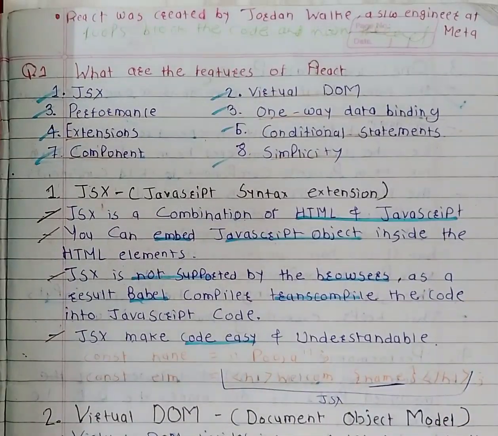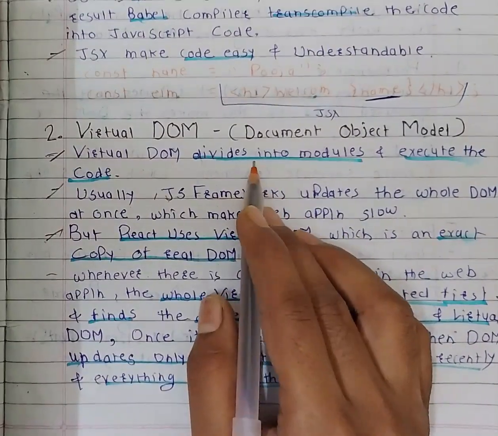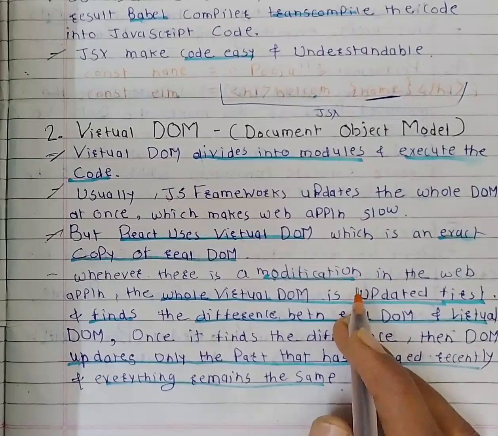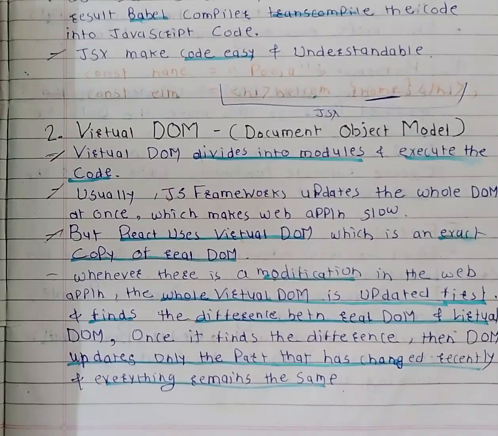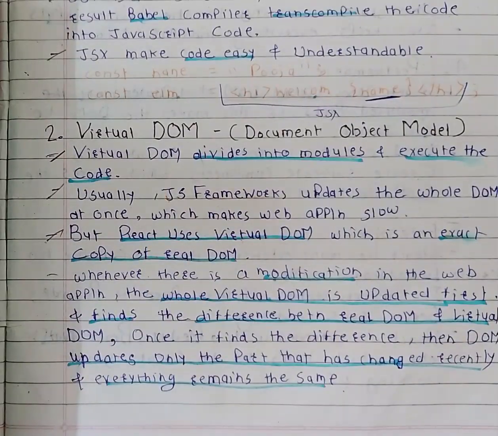Then another feature is virtual DOM. DOM stands for document object model. So what does DOM mean? DOM is a concept which runs in the browser. With its help we can embed JavaScript inside HTML and make a website more dynamic.